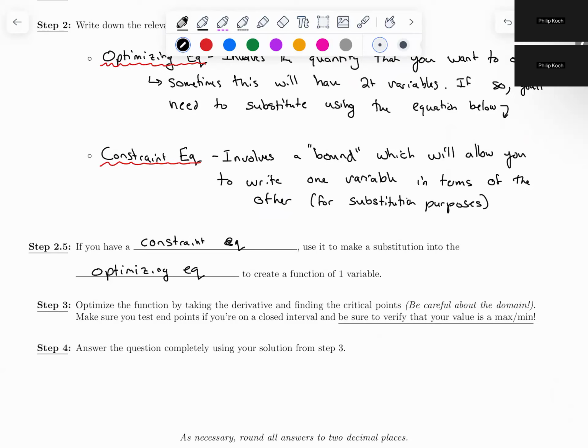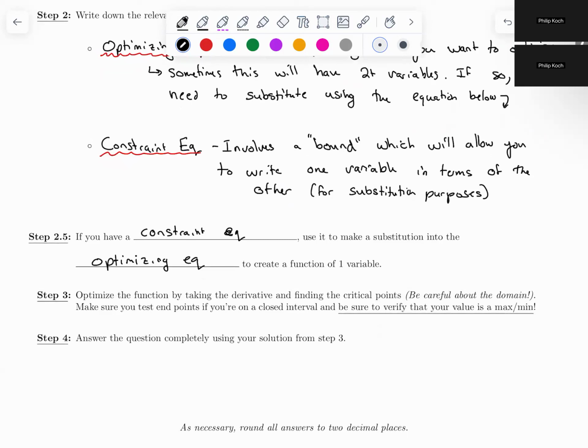Math 181 is just called calculus 1, but it probably would be more aptly described as single variable calculus part 1. 182 is single variable calculus part 2, and then calc 3 is multivariable calculus. Now that you've got a function of a single variable, we know how to optimize that. We can find the derivative, set it equal to 0 to find critical values, use the first derivative test to find where it's increasing and decreasing, therefore relative maximums, or decreasing and increasing, and therefore relative minimums.